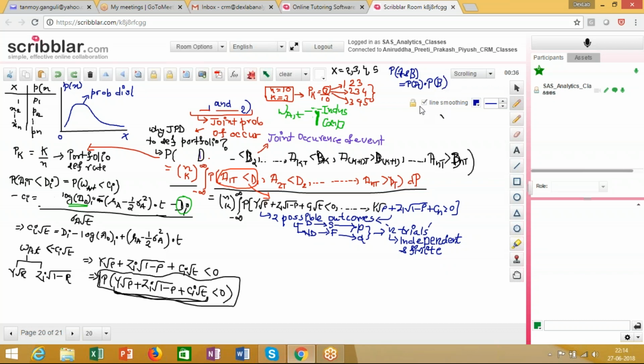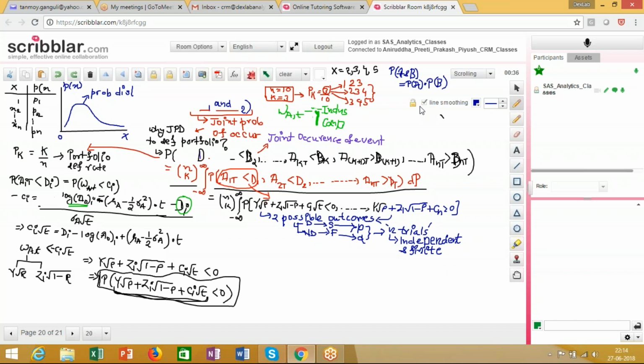If two trials A and B are independent, then the probability of A and probability of B are two independent observations. Therefore, the probability of success in trial A and the probability of success in trial B is probability A into probability B, that is P into P.